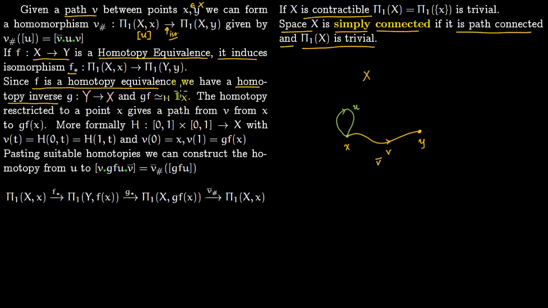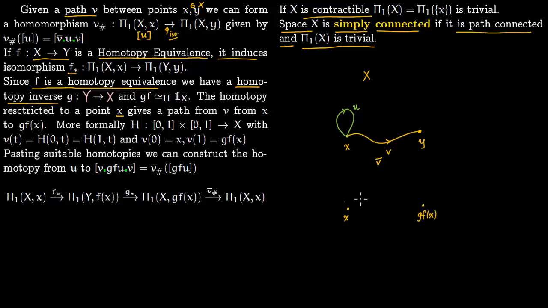Now we restrict these two homotopies, which are again on the same space X, to a single point x. This gives us a path from x to gf of x. Again we are working in space X. One point is x and the other point is gf of x.